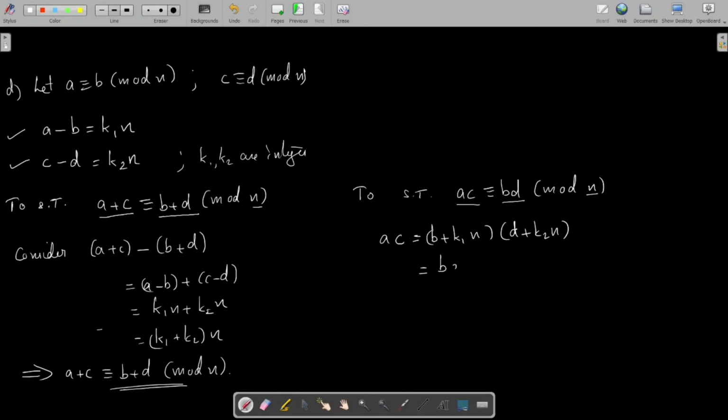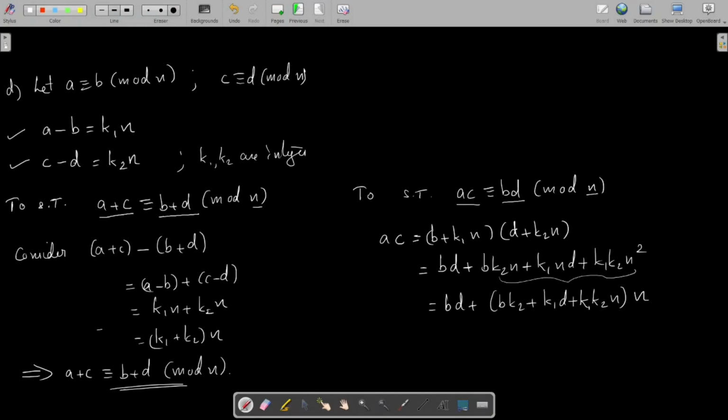So by expanding we can write bd plus b into k2n plus k1n into d plus k1k2n squared, or this is equal to bd plus (bk2 plus k1d plus k1k2n) into n. So we may take the common factor n outside from all these terms.